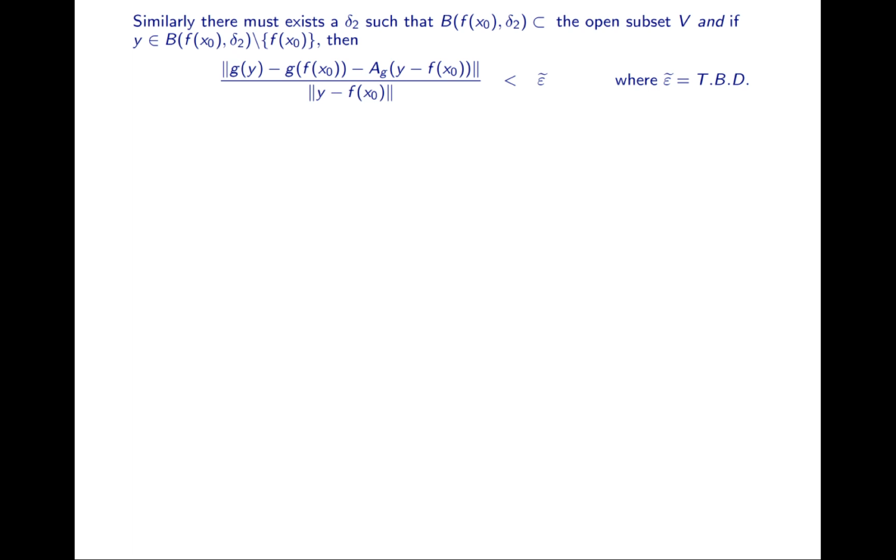It's to be determined. It's whatever we need it to be. Whatever positive number we need it to be, there's a delta 2 that'll get us there, because that's what a limit being 0 means. And that limit is 0 by definition of differentiability, which we've assumed to be true for g at f of x naught.